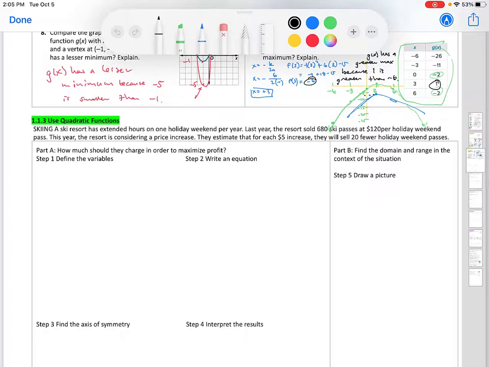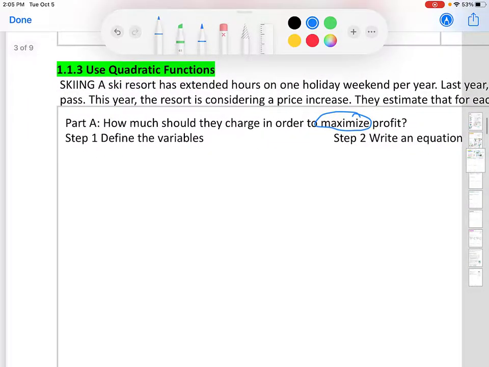Part A, how much should they charge in order to maximize profit? I'm going to underline that word, maximize or maximum. Does that make sense? Okay, step 1. How do we define our variables? Let's have x represent the number of $5 price increases.